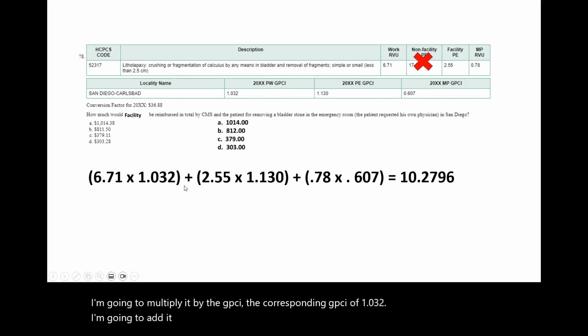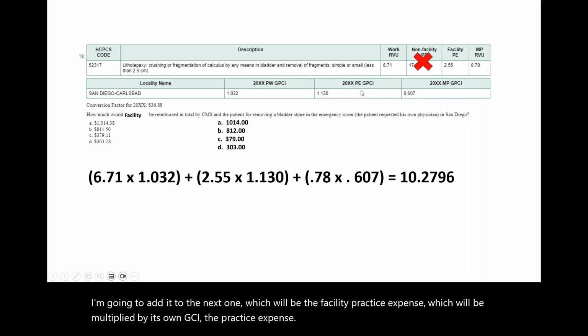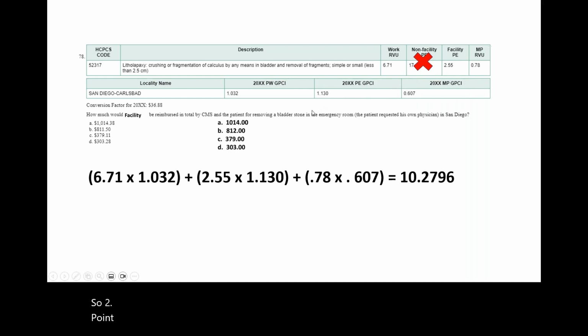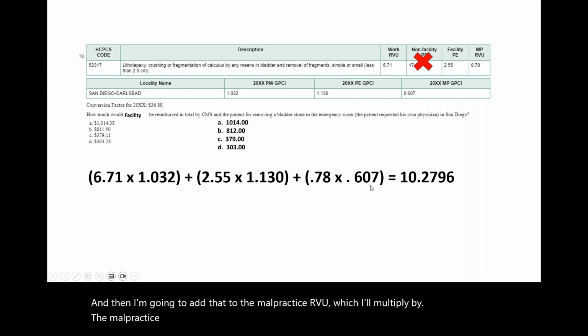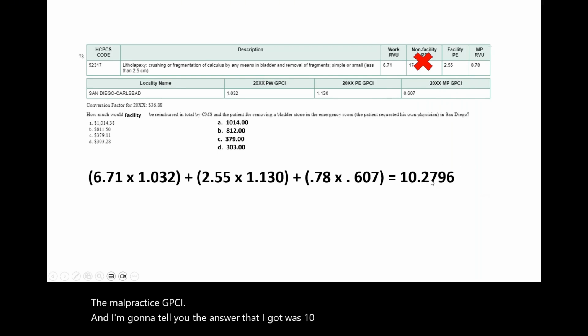I'm going to add it to the next one, which will be the facility practice expense, multiplied by its own GPCI, the practice expense. So 2.55 times 1.130. And then I'm going to add that to the malpractice RVU, which I'll multiply by the malpractice GPCI. And the answer that I got was 10.2796.